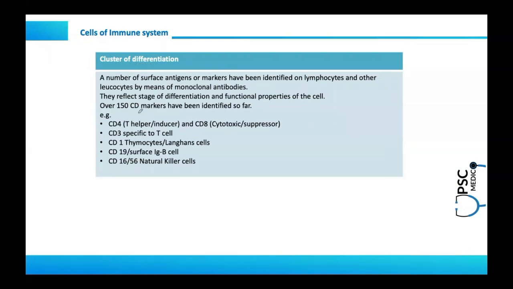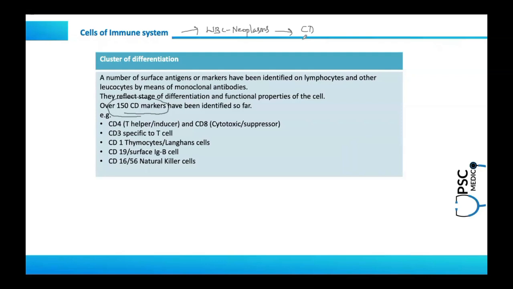For a particular lymphocyte, we have over 150 CD markers. So that's the reason when we read about WBC neoplasms, the important parameter for MCQs and also theory exams is, for example in follicular lymphoma, there are specific CD markers specific to follicular lymphoma.